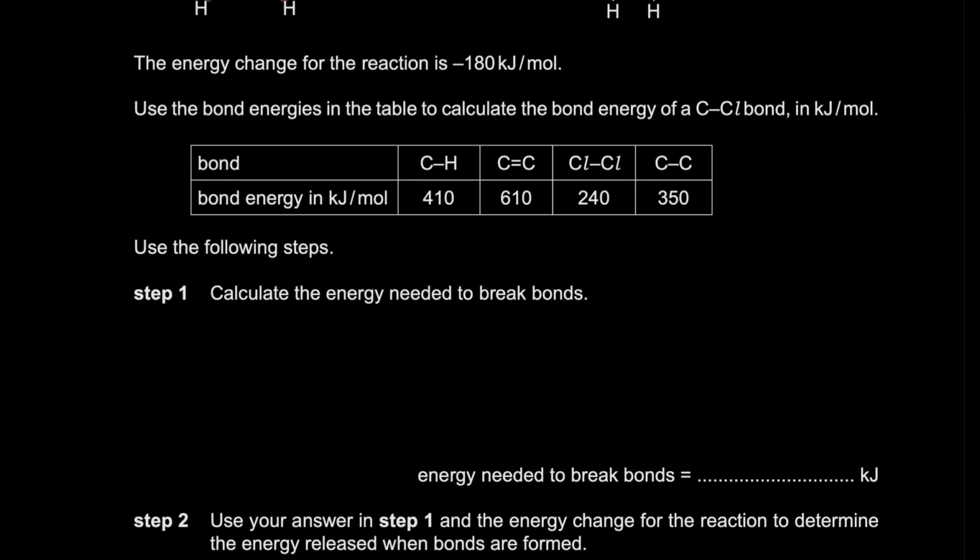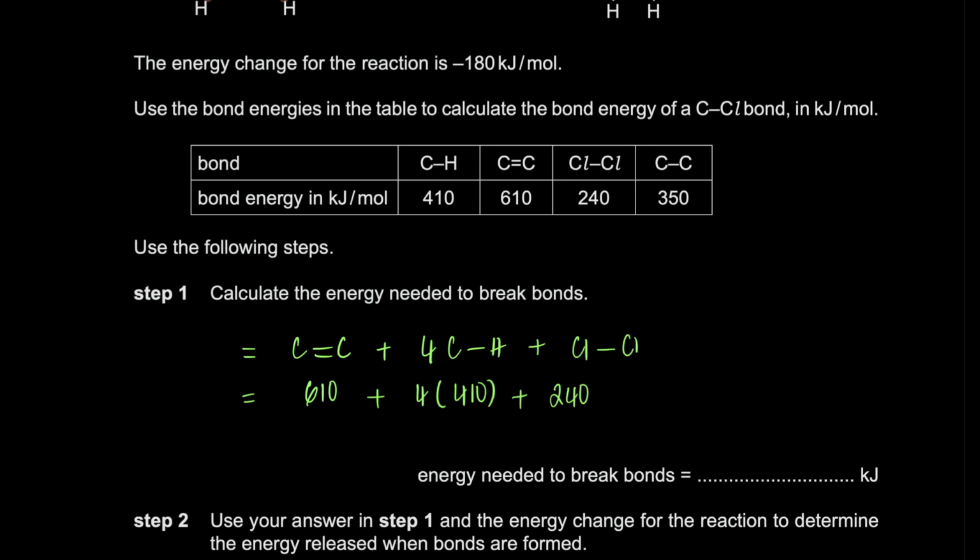All right, we have 1 carbon-carbon double bond plus 4 carbon-hydrogen bonds and 1 chlorine-chlorine bond, the values of which are: carbon-carbon double bond is 610, 4 carbon-hydrogen bonds each with 410, and chlorine-chlorine is 240.